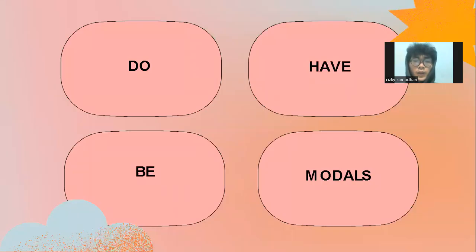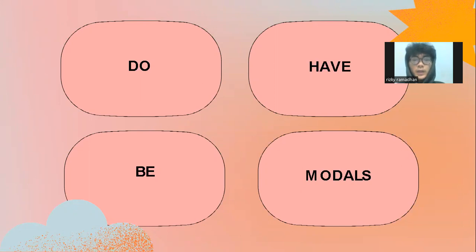In the auxiliary verb, there are four components, namely do, be, have, and modals. First component is do. Do is an auxiliary verb that serves to emphasize the main verb. These auxiliary verbs include do, does, did, and done, which are used by adjusting the English tenses.